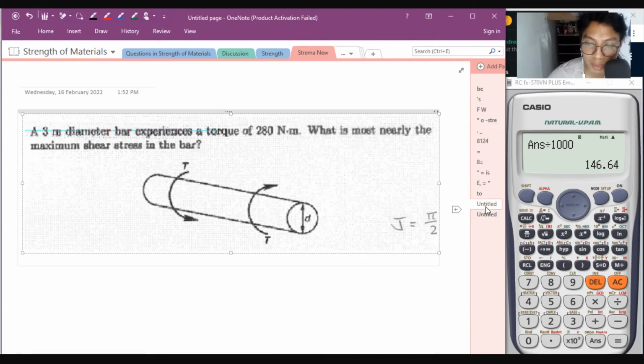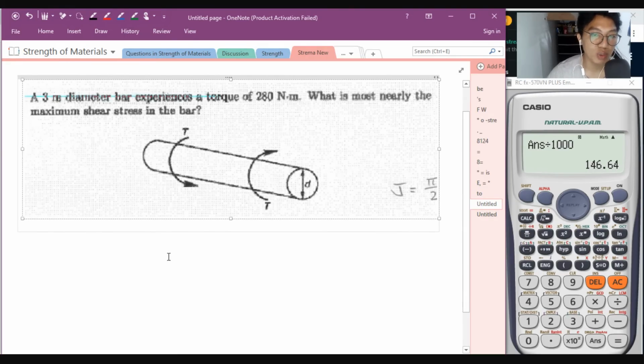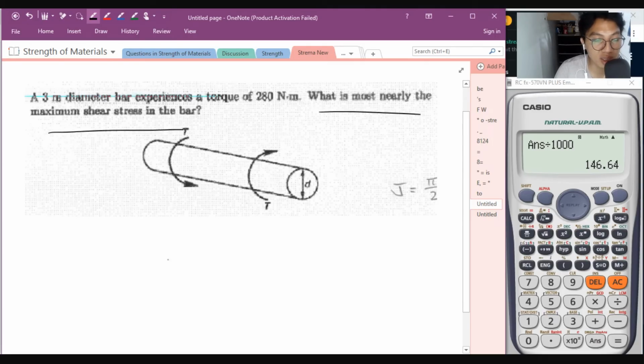Last two problems. A 3 millimeter diameter bar experiences a torque of 280 Newton millimeter. What is most nearly the maximum shear stress in the bar? Remember, the torque is equal to force times radius, or force times d over 2.